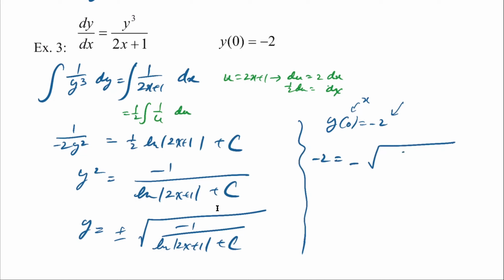And then that is negative 1 over ln of 2 times 0 plus 1, which is just ln of 1 plus c.